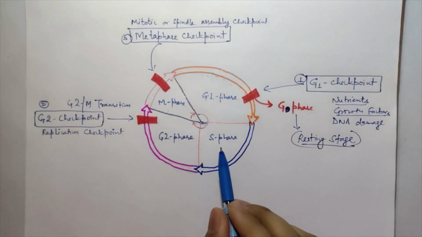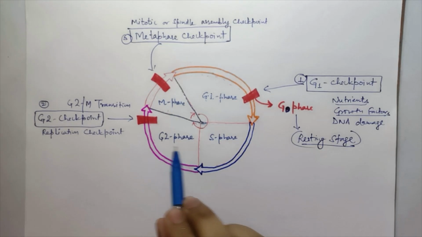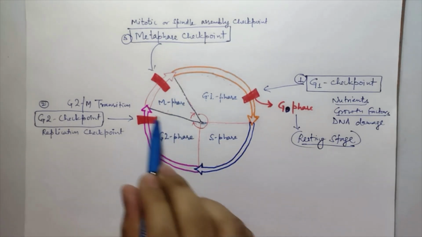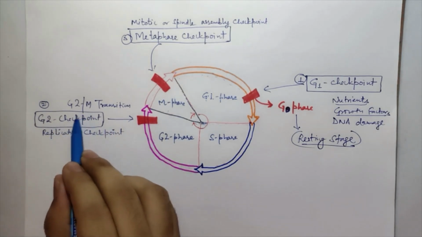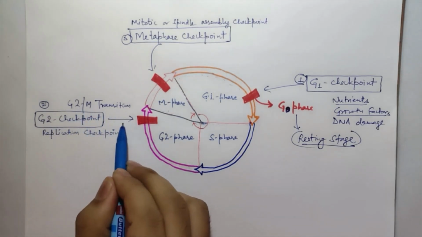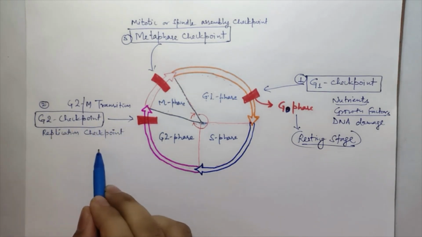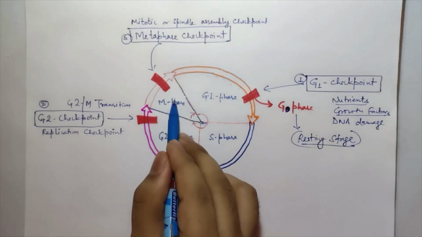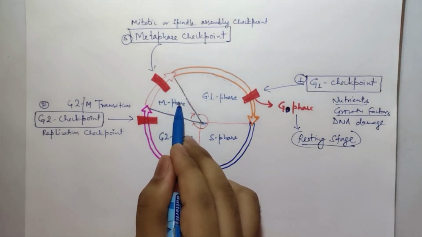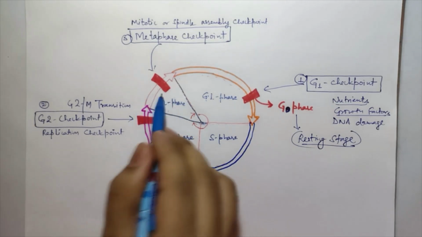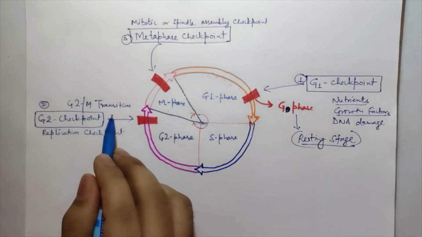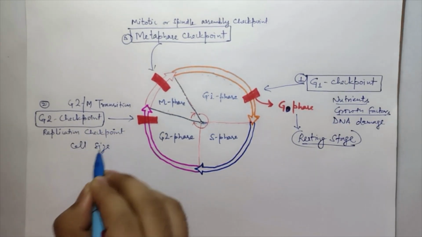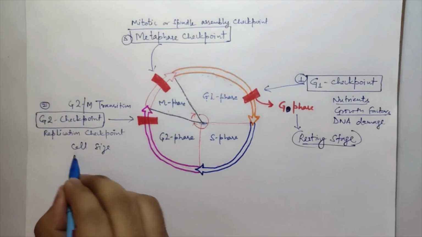Here in S phase, DNA replication occurs, and subsequently the cell enters the next phase, G2 phase. At the end of G2 phase, there is also the G2M transition checkpoint. Basically it is a replication checkpoint. It operates at the transition from interphase into the mitotic or division phase, and it checks cell size and DNA replication.